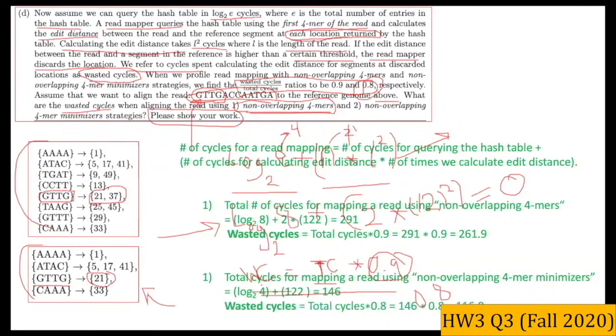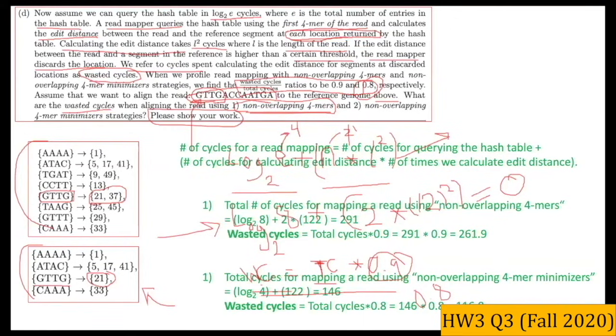116.8. Now you can see that using the minimizer method, we have fewer wasted cycles. That means we have a more time efficient process with the minimizer, because apparently the hash table is basically smaller. So we have fewer entries in the hash table and fewer locations.